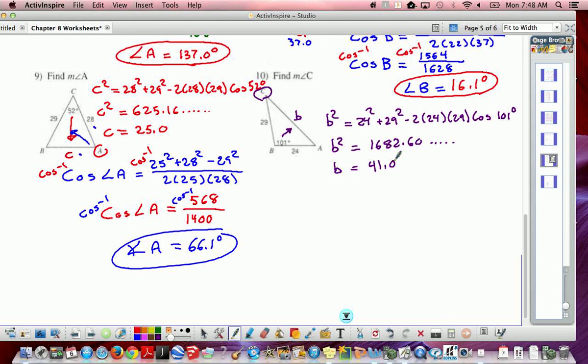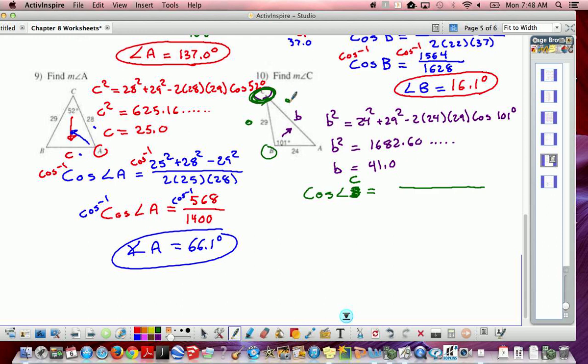So now I want to find angle B. Oh, I apologize, I want to find angle C. Let's cross that out and call it angle C. So this is the angle I'm trying to find.